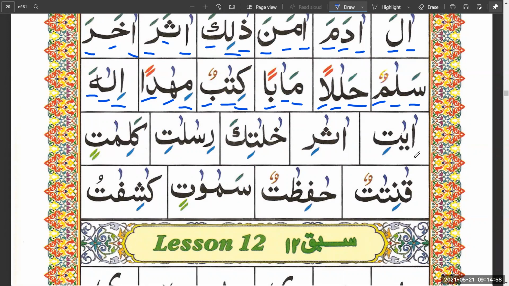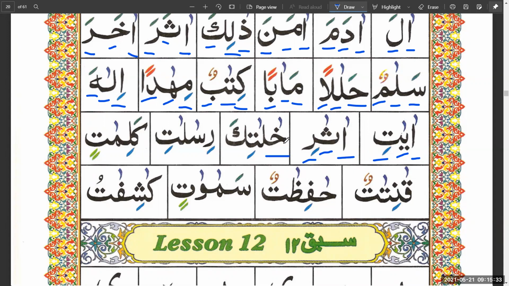So this first one, we have alif standing fatha a, ya fatha ya, ta kasra ti. Ayati. Next one, alif standing fatha a, tha standing fatha tha, and ra kasra ri. Athari.